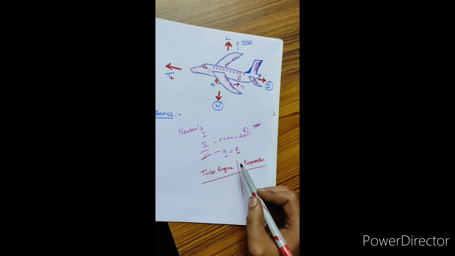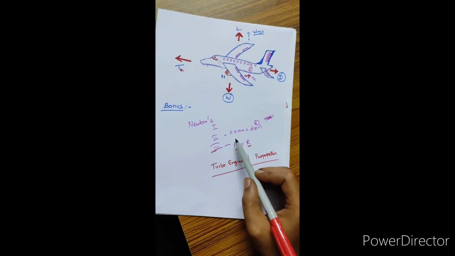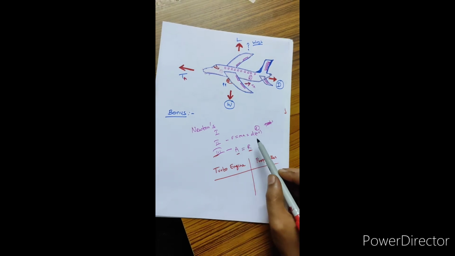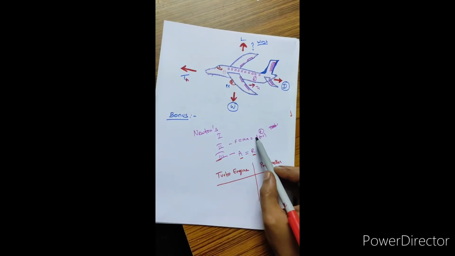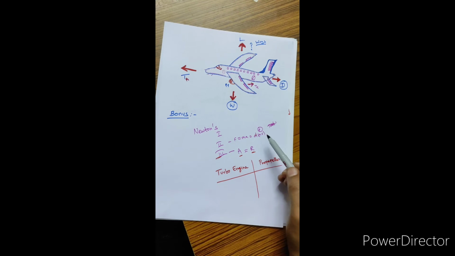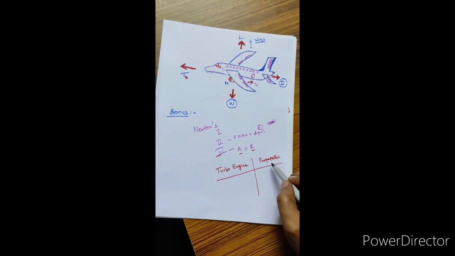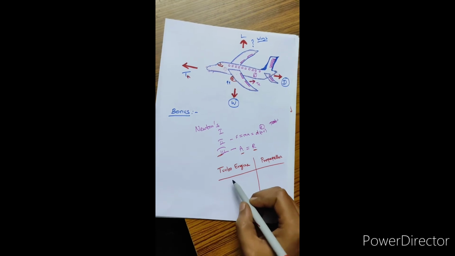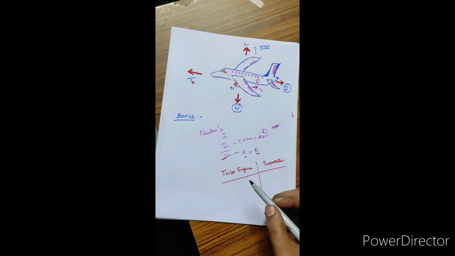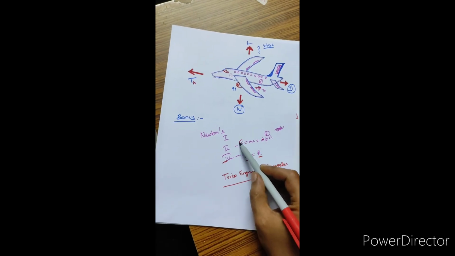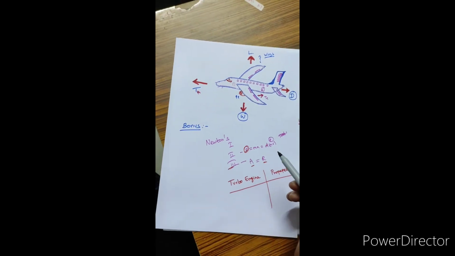And now let's move on to the second law. The second law states that the rate of change of momentum is proportional to the force. Momentum is mass times velocity. There are two kinds of engine actually. One is the propeller kind of engine, which is an older day engine, and now we have turbo engines. The thrust production in terms of forces has a small difference.